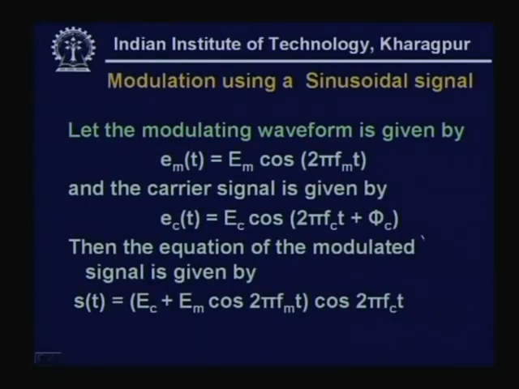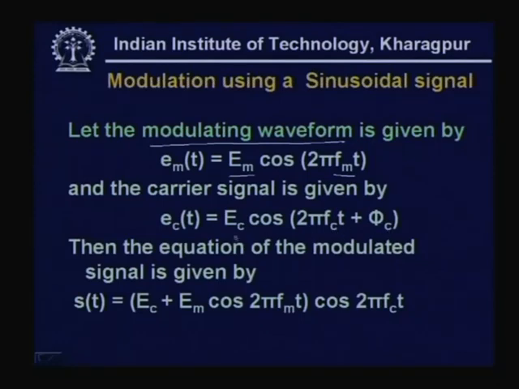Let the waveform be represented by this equation: e_m(t) = E_m cos(2π f_m t). Here you see we are considering that the modulating waveform is a sinusoidal wave with frequency f_m having maximum amplitude E_m, and the carrier signal is represented by e_c(t) = E_c cos(2π f_c t + φ_c).